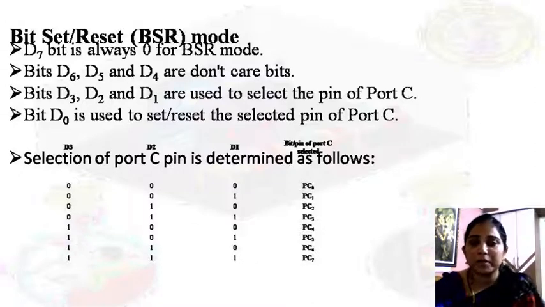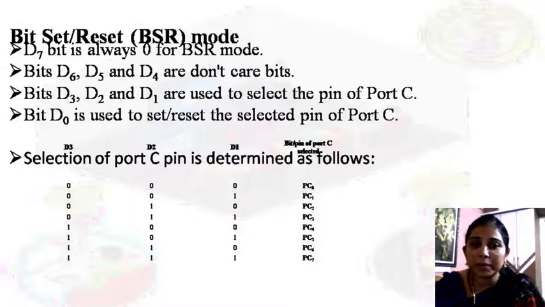And what is the function of the D0 bit? Suppose I take one example, that the bits D1, D2, D3 are 1, 0, 0. That means the fourth bit of port C is selected. After selecting the pin, we should decide whether the value is 0 or 1 in that.